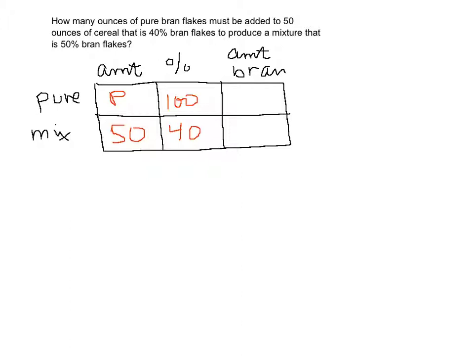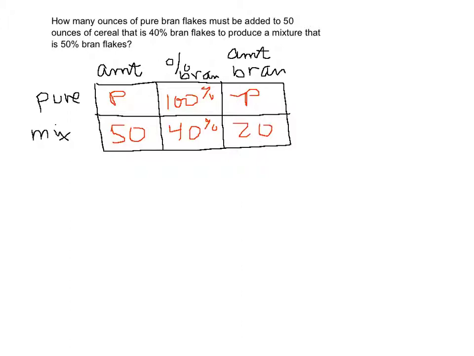Maybe I should make this a little bit clearer. Percent bran. And then finally, how much do we have? Well, if it's 100% bran and we have P ounces, then the amount of bran is P. And these are percents, so if we have 50 ounces that's 40% bran, the amount of bran is 20 ounces.